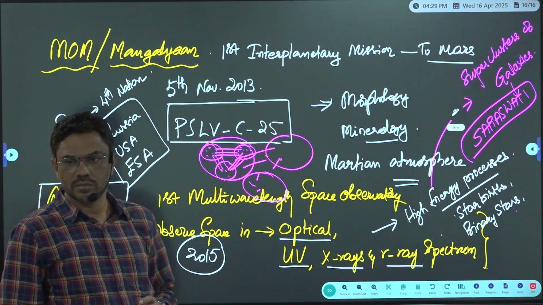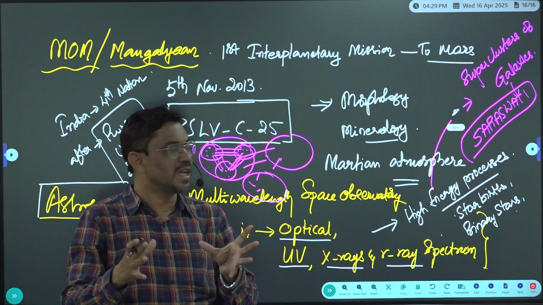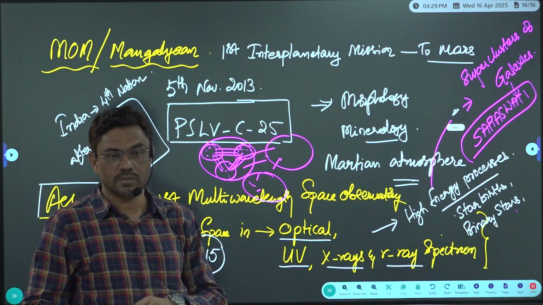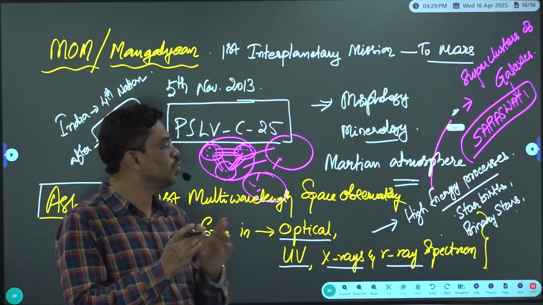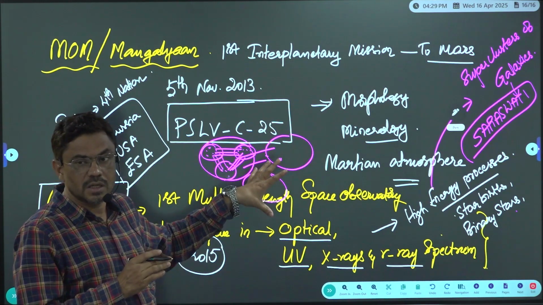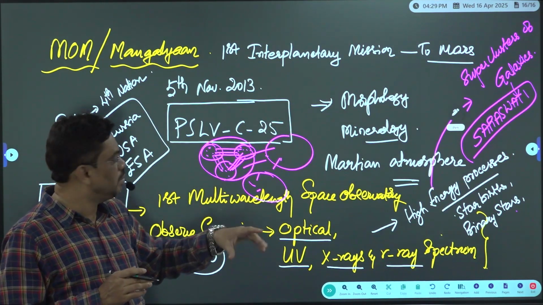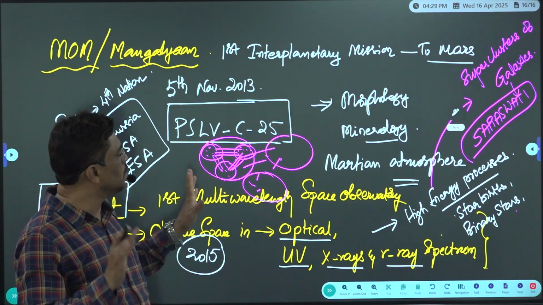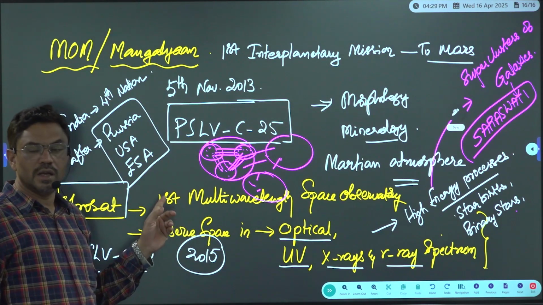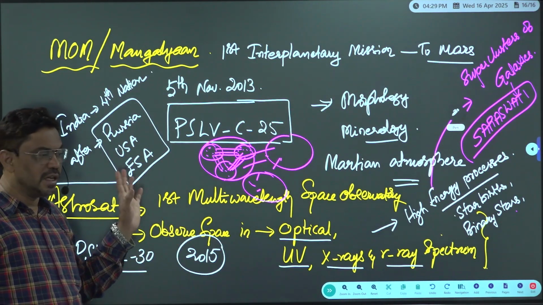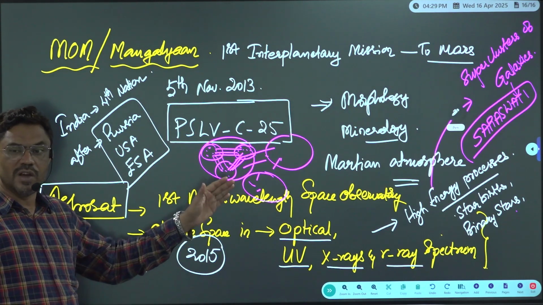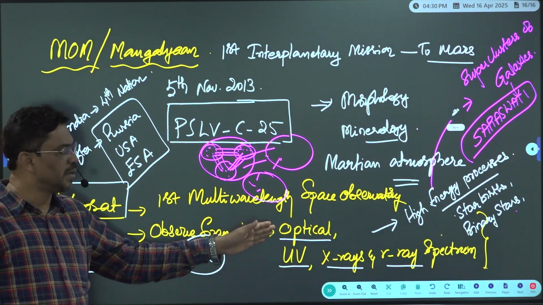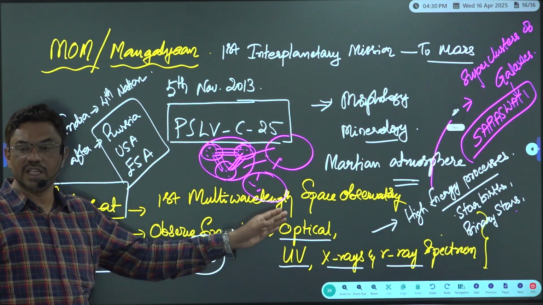That super cluster of galaxies was named Saraswati. That means AstroSat confirmed the presence of super clusters of galaxies. So many findings were made using AstroSat. So simply remember AstroSat is an astronomical satellite, a first multi-wavelength space observatory which utilizes various spectrums like optical, ultraviolet, X-ray and gamma rays.